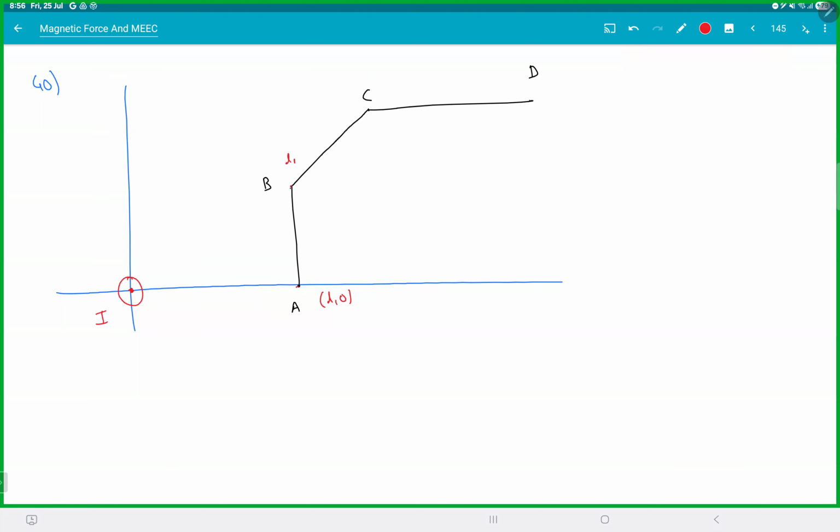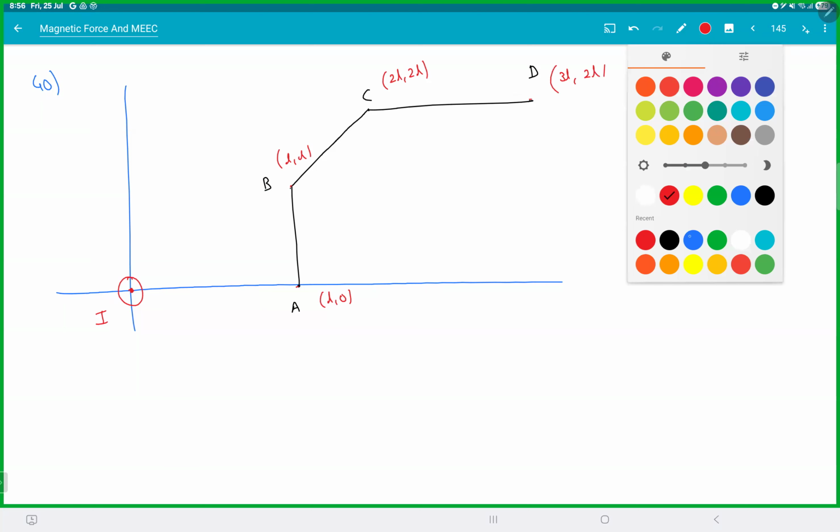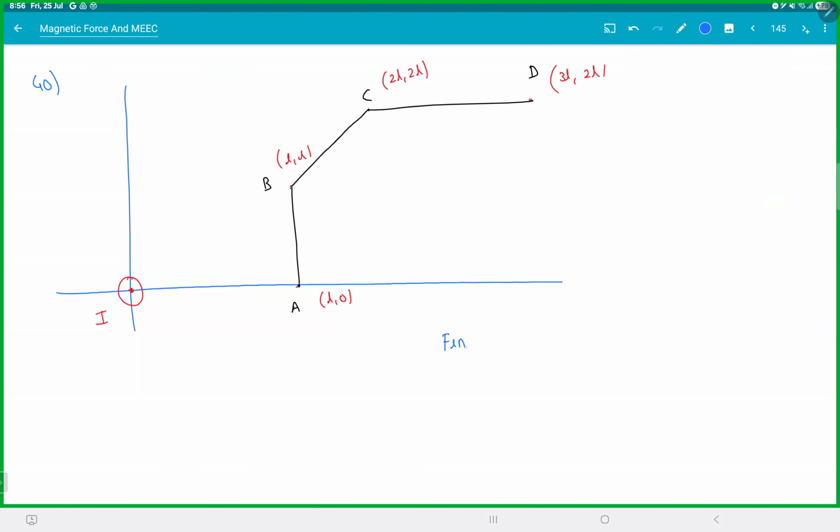This is L comma L. This is 2L comma 2L. And this is 3L comma 2L. Find integral B dot dl for A to B, for A to C, A to D.